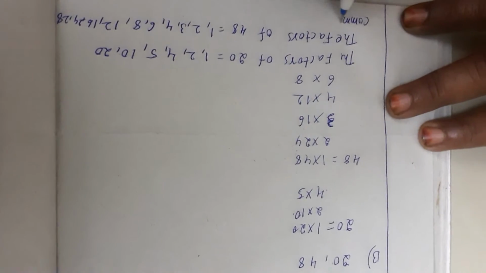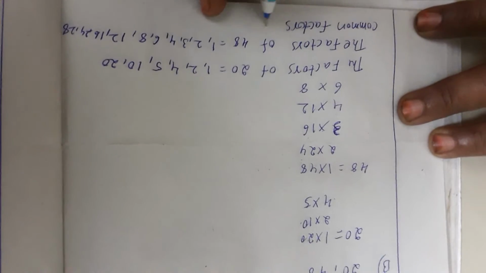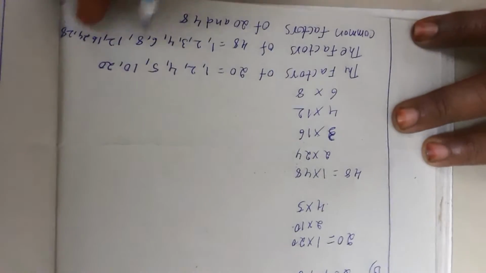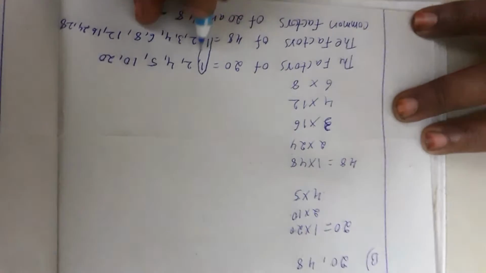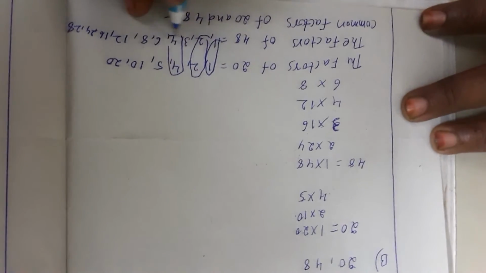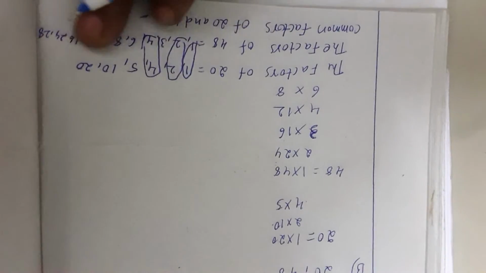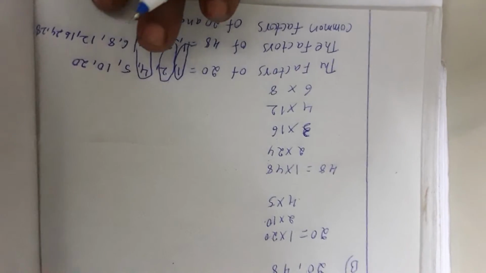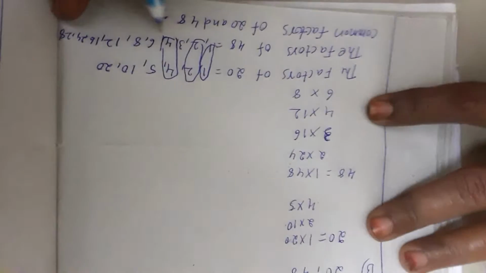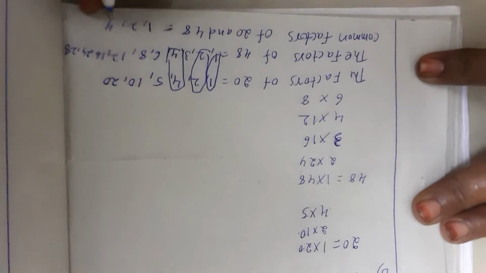Common factors of 20 and 48: 1 is common in both, 2 is common in both and 4 is common in both. No one is common other than 1, 2 and 4. So the common factors of 20 and 48 are 1, 2, 4.